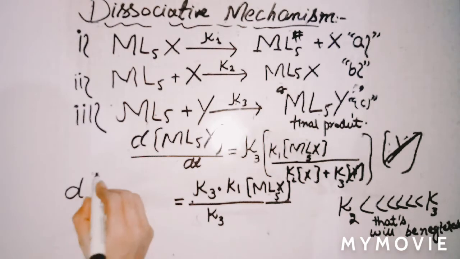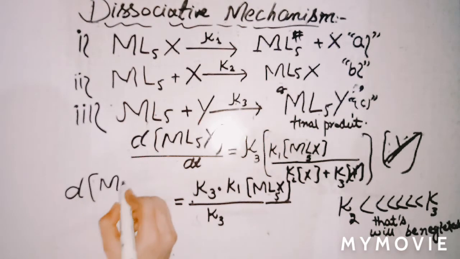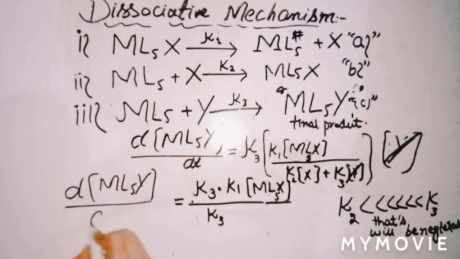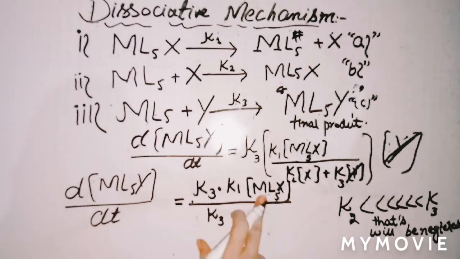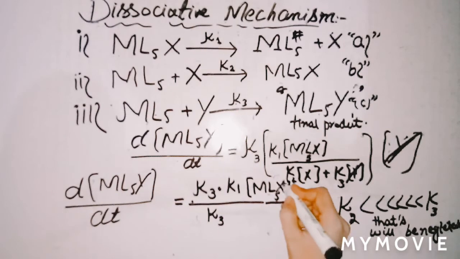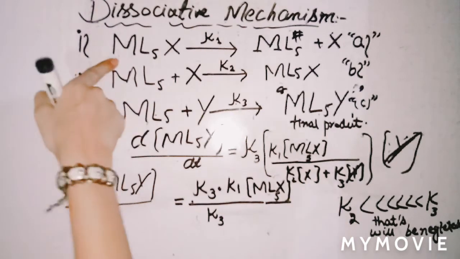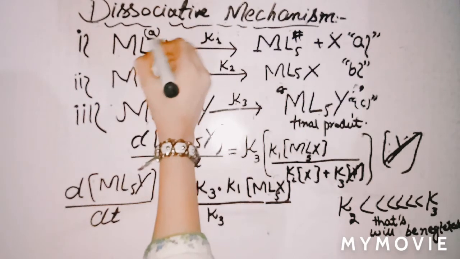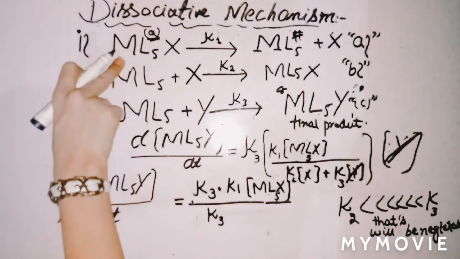The rate of formation of ML5Y, d[ML5Y]/dt, is equal to K1 K2 over K3 into the concentration of reactant, that is the first reactant, called the octahedral complex.